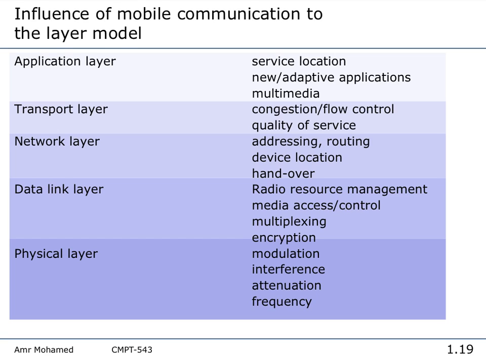Here is the mapping between the layers and the different techniques that we talked about, starting from frequency, interference, attenuation, modulation, radio resource management, and medium access control. In our course, we'll focus on this part.